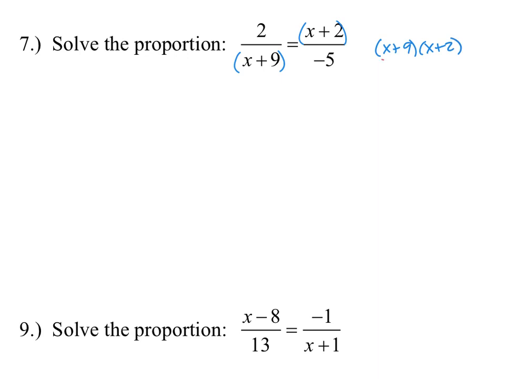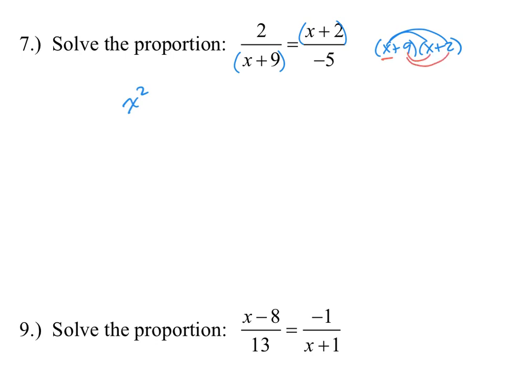We're going to start by distributing the x. So we would have x squared, but remember, keep track of that 2x in your head. I'm not going to write plus 2x because I'm just going to keep track of that in my head. And then we're going to take 9x plus 2.